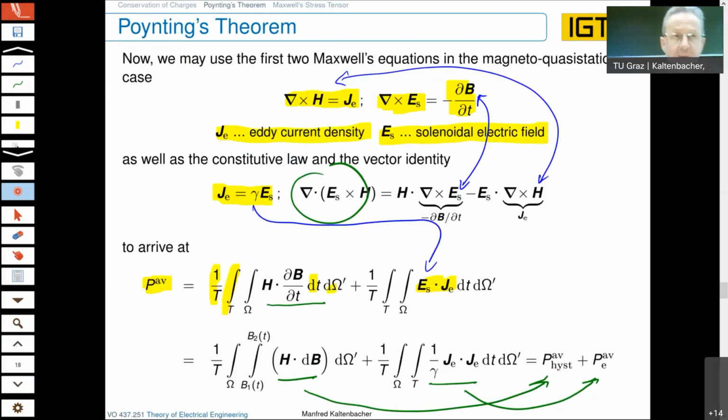Okay, other questions concerning these rearrangements? So we again have used the Poynting theorem and could even get a nice decomposition between the eddy current losses within a ferromagnetic material and the hysteresis losses.